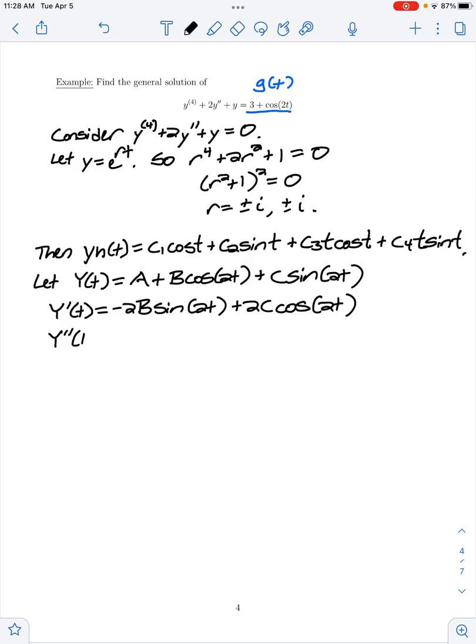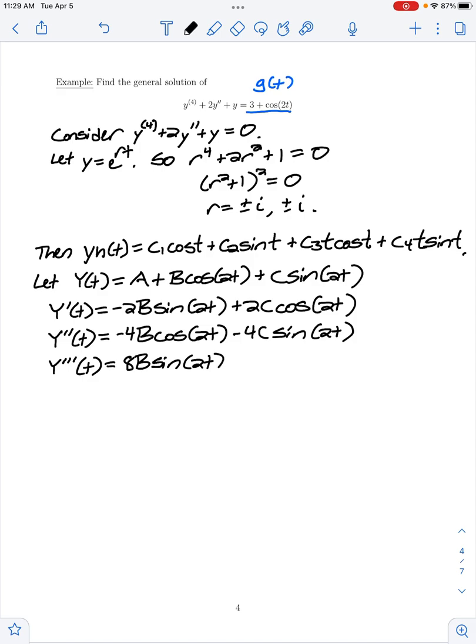Then for the second derivative, we would have negative 4b cosine of 2t minus 4c sine of 2t. For the third derivative, we would have a positive 8b sine of 2t minus 8c cosine of 2t.